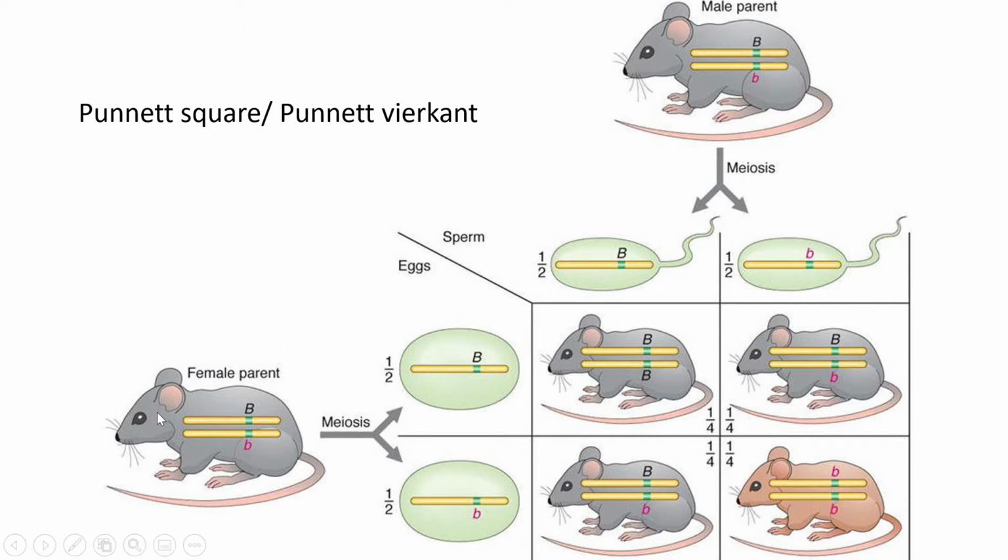And also, both the male and female rats have the same alleles. So both of these are heterozygous, capital B, small b. In this case, the B represents the color, which is going to be gray. Because they're heterozygous, they are gray in color, capital B, small b.